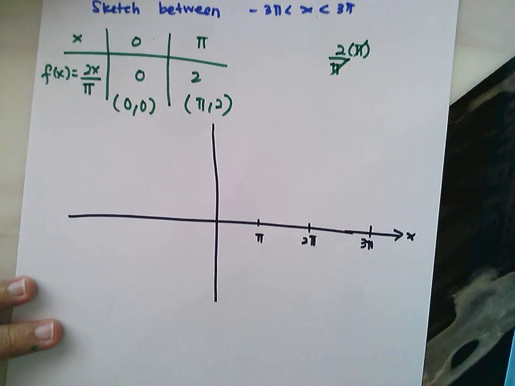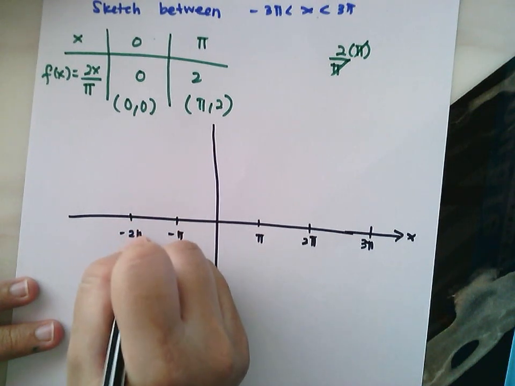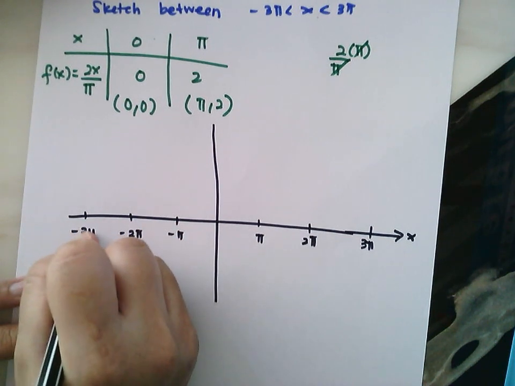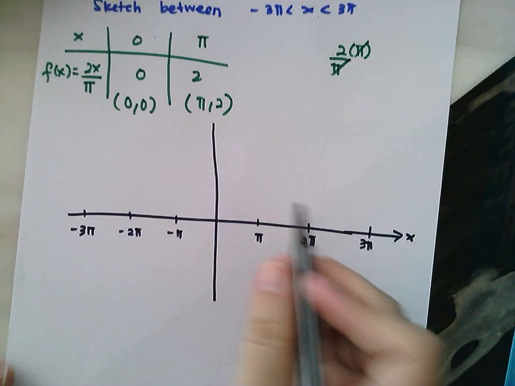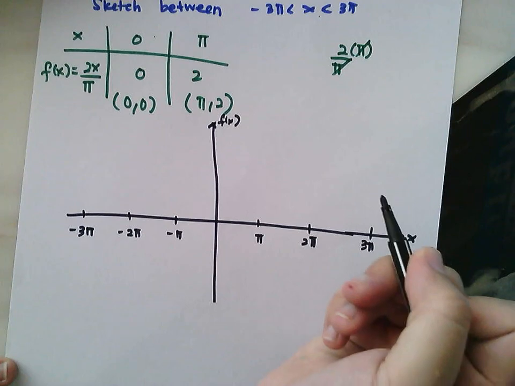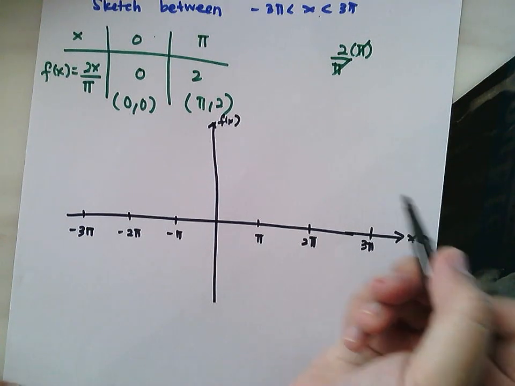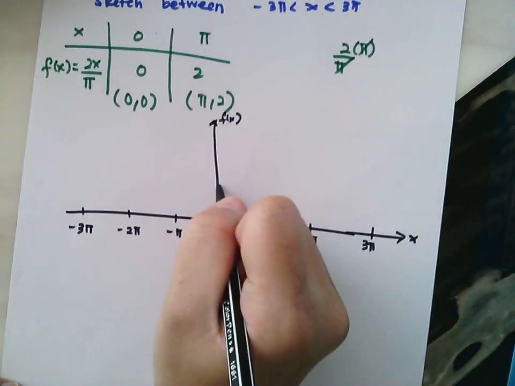This is for x. Negative pi, negative 2 pi, negative 3 pi. And for your f(x) here, I'm using 1 and 2 and 3.